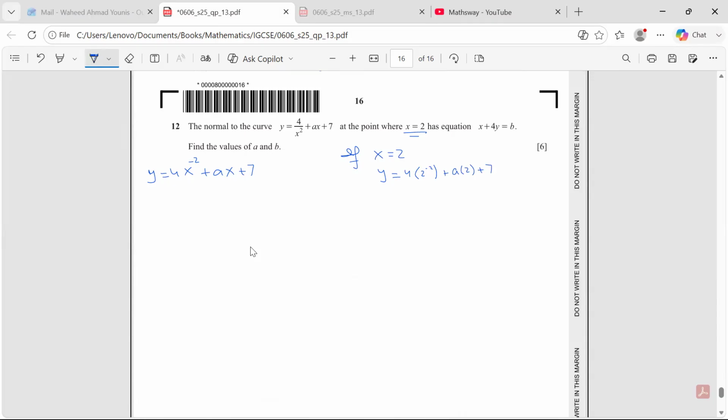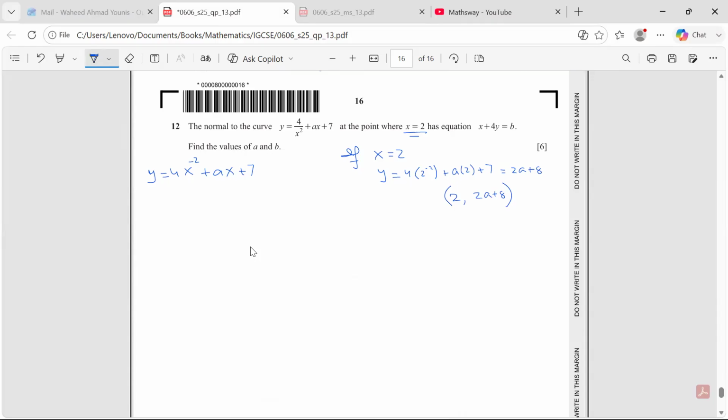So 4 over 2 squared, this is 4 over 4, so it will become 1. It will give you 2a plus 8. Okay, so it means I have to find the equation of the normal at the point 2, 2a plus 8. This is the point on the curve where I need to find the equation of the normal.